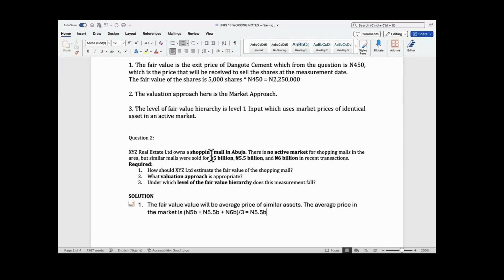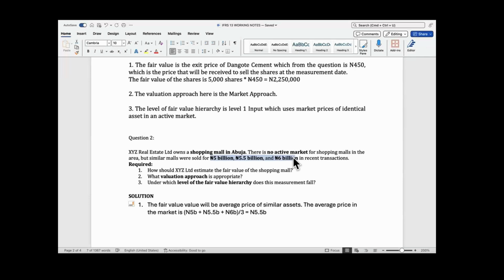That's the best we can do. Ordinarily, if they gave us the price of just one similar asset, it would have been very straightforward. Say a similar asset in that area was sold for 6 billion, then we would just say 6 billion.